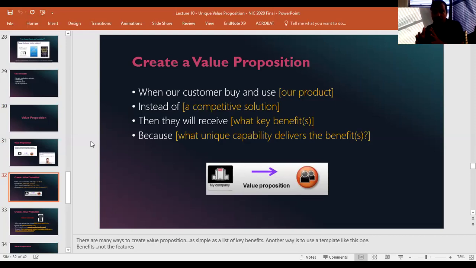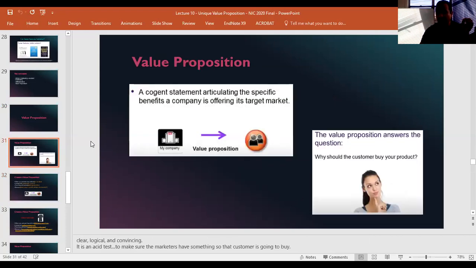So it's a simple template to define and craft a value proposition for your firm, trying to answer why the customer should buy your product.